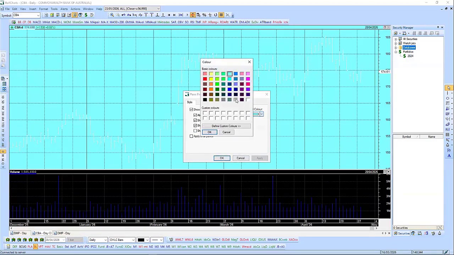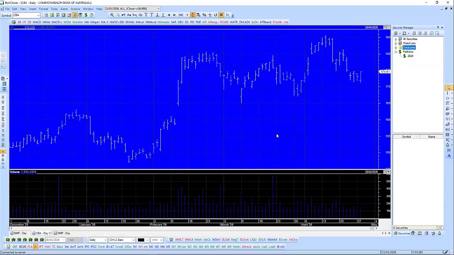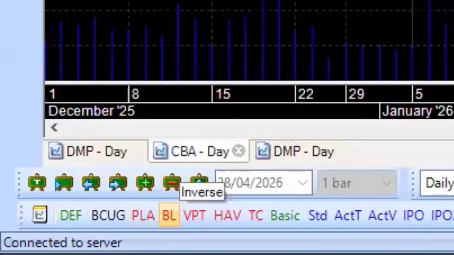Maybe that's not a good one. Dark blue maybe. And if you're happy with that, you can then save that as a template and have that applied every time you want to have a look at a new price chart. But that's that second toolbar button, the second red one, BL, that's supplied with BullCharts.